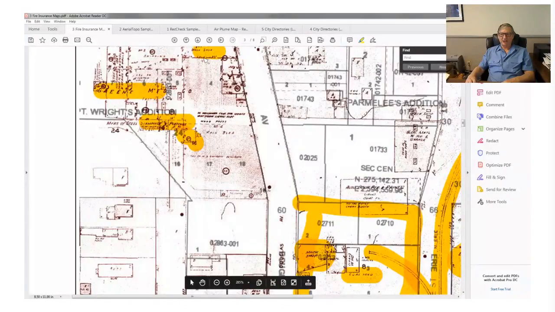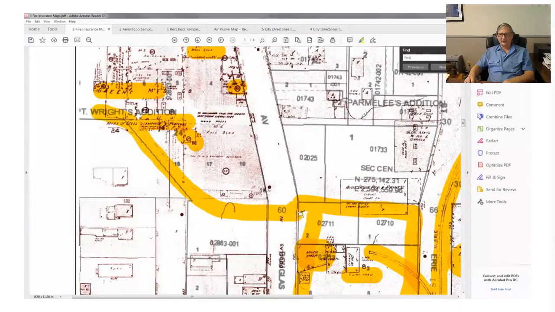We have a machine shop. We've got above ground storage tanks. We've got all kinds of things that concern me, and we know we have a creek that goes that way.